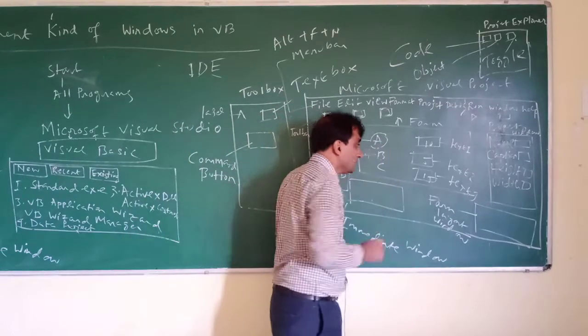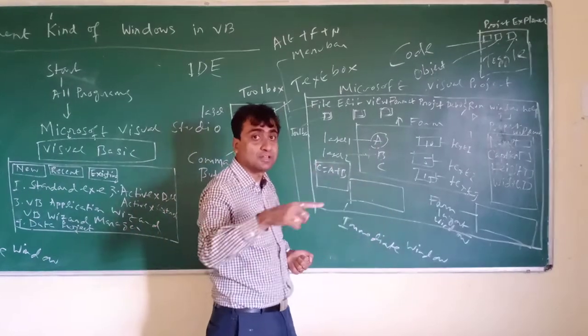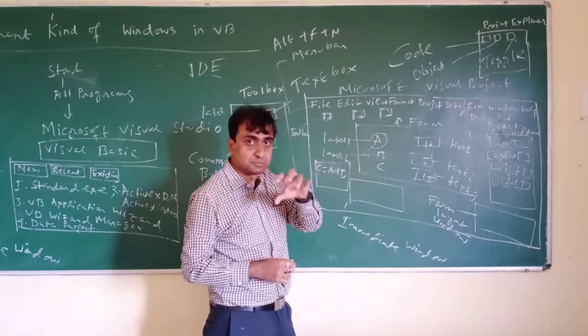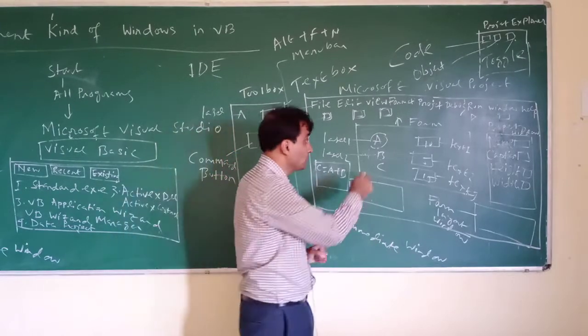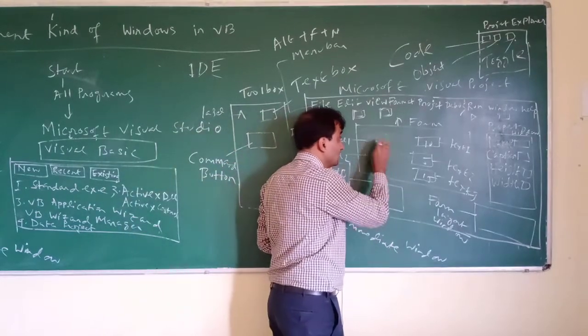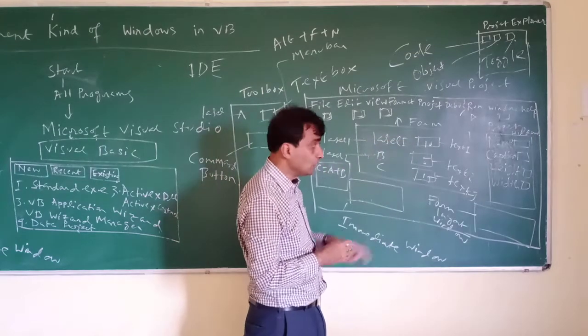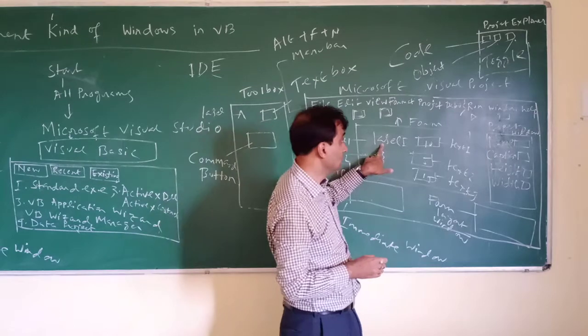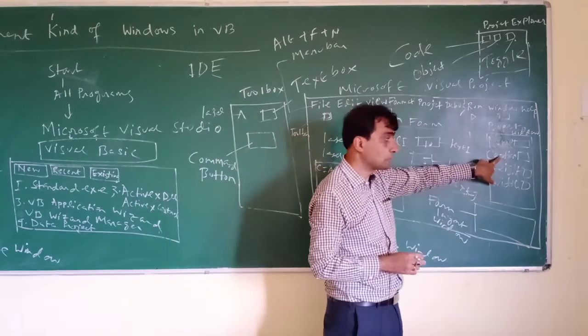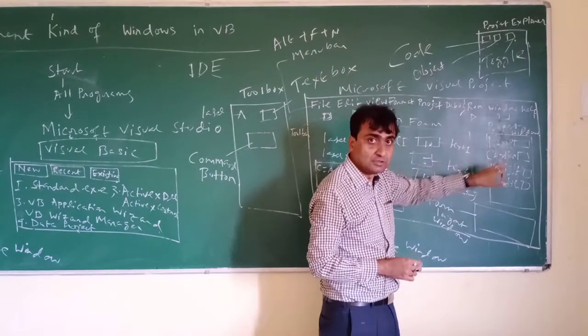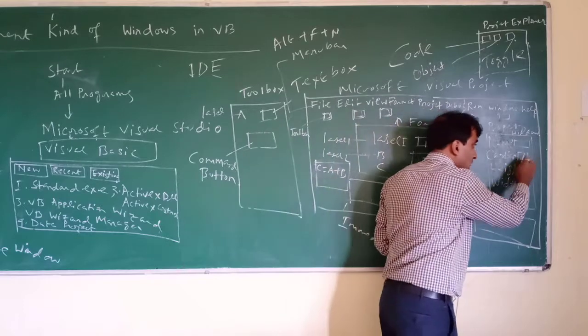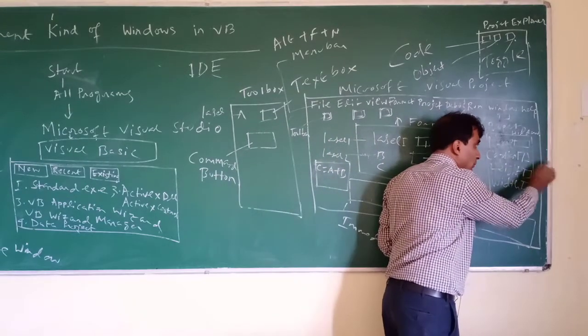So what is A here? Caption, which is displayed for us. It is a property. Property of what? What did I change here? Earlier, label 1 was there. Now what did I do? For label 1, what property did I use? Caption. In the caption, what did I change? By default it was mentioned Label 1 here.